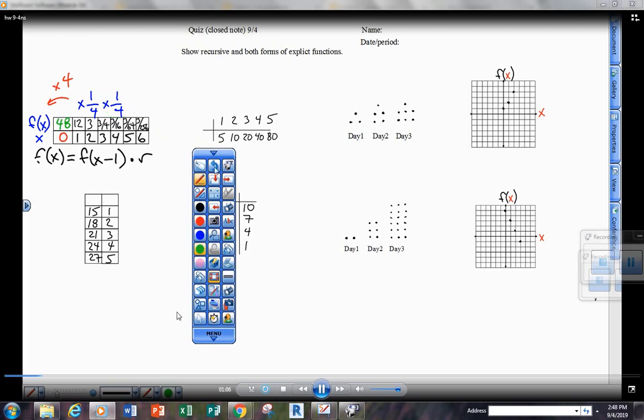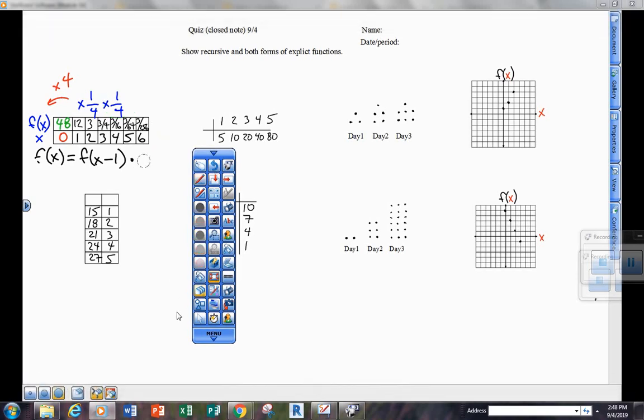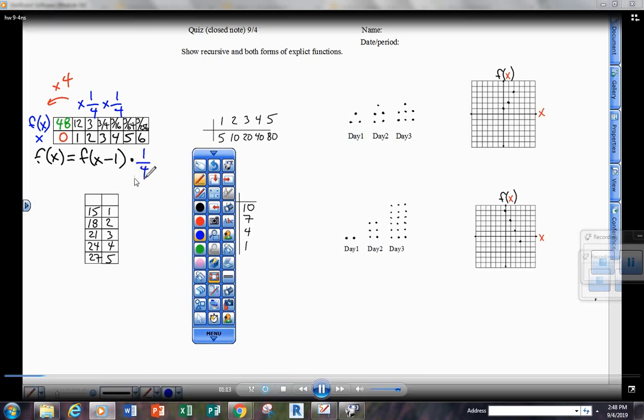Plug that 1/4 right there. So my first answer for the recursive pattern for this geometric is f of x equals f of x minus 1 times 1/4, which means every additional term, take the 1 before it, times it by 1/4. That is the recursive pattern.